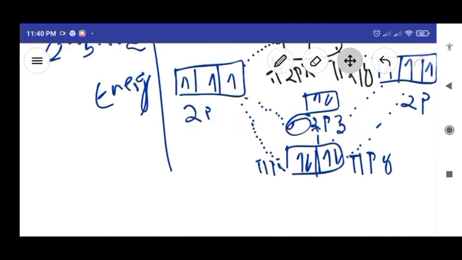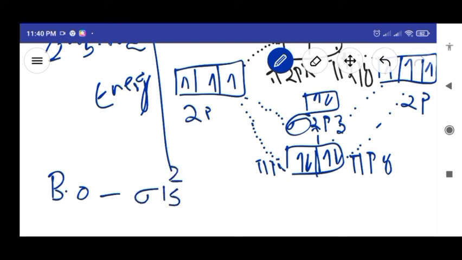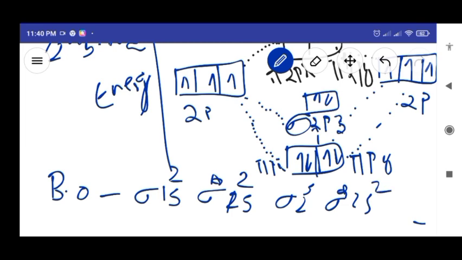So the configuration will be sigma 1s2, sigma star 1s2, sigma 2s2, sigma star 2s2, then pi 2px2 equals pi 2py2, sigma 2pz2. This will be the configuration of our N2 molecule.